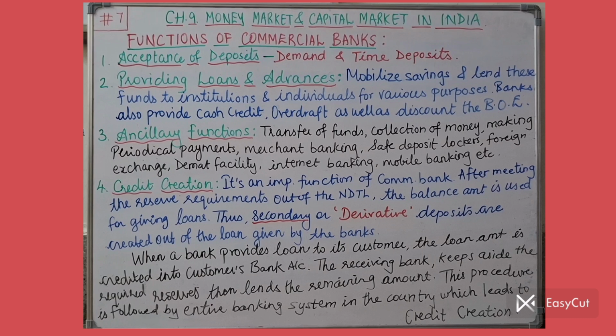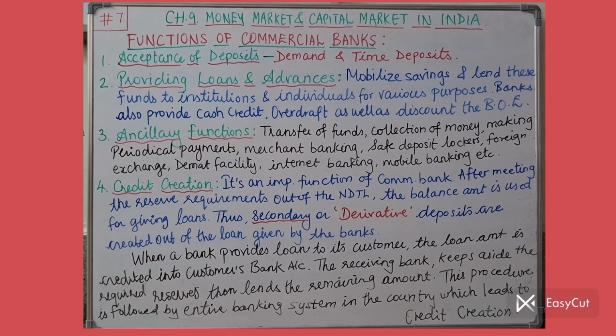Now moving on to the third function, that is ancillary functions. These are some additional functions undertaken by the modern day banking system, such as transfer of funds, collection of money on behalf of the customers, making periodical payments on behalf of their customers. Merchant banking is undertaken.